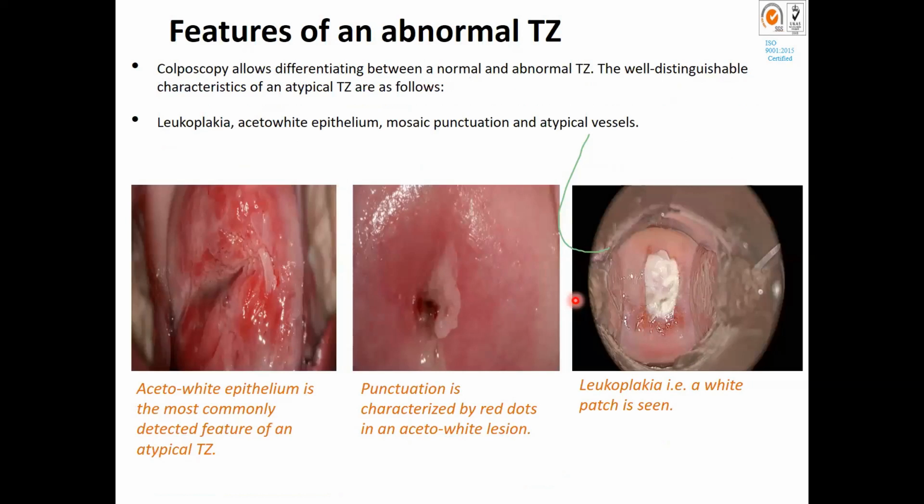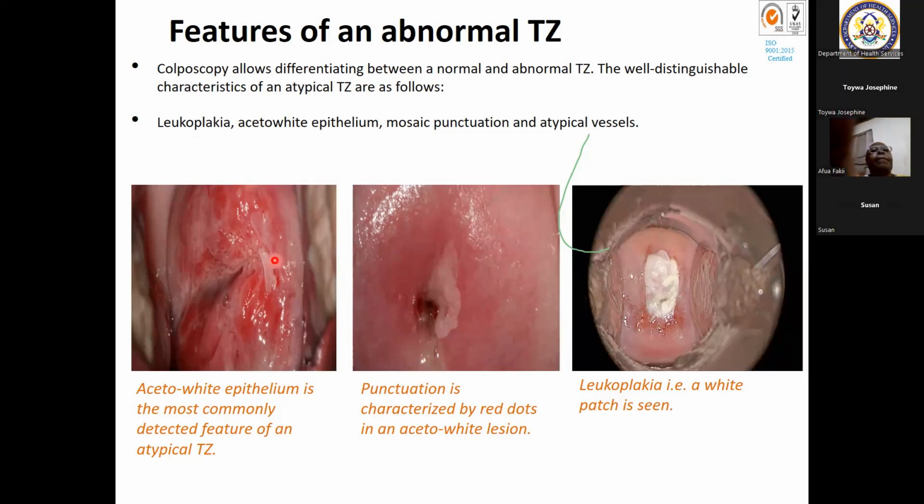Now, whatever I'm showing on this figure is an abnormal transformation zone. Sometimes we may need to observe it on a colposcopy machine, but sometimes we just observe it with our naked eyes. So the first one is showing the aceto-white epithelium. And when we look at different screening methods, we will know how to describe the aceto-white epithelium.